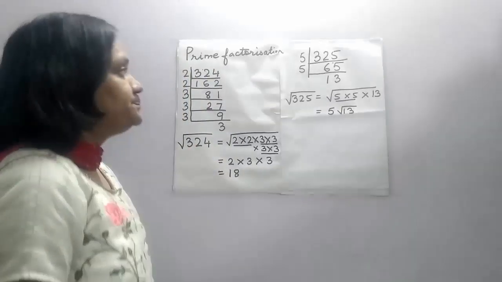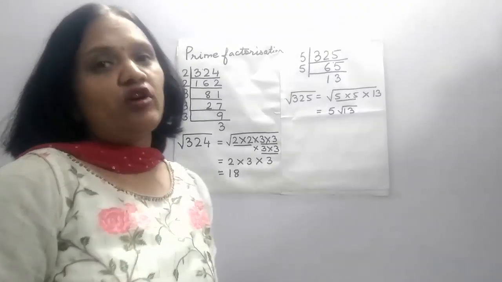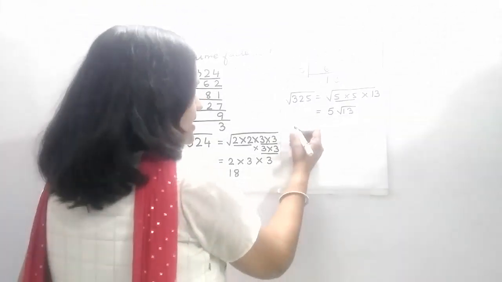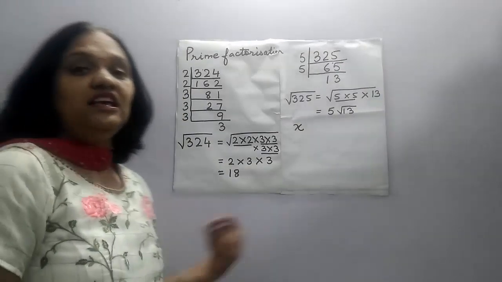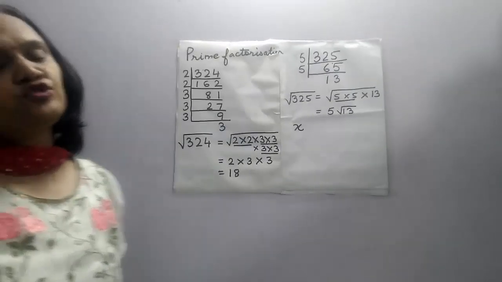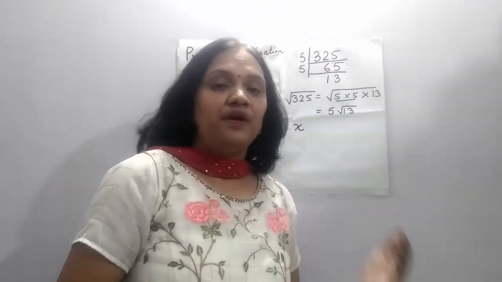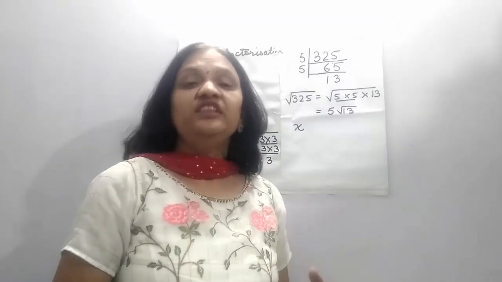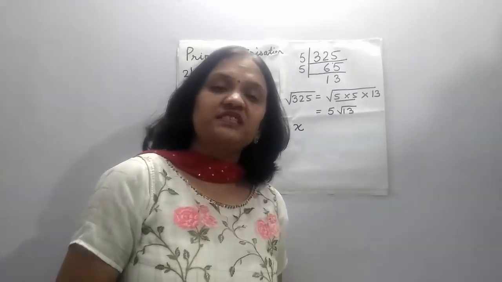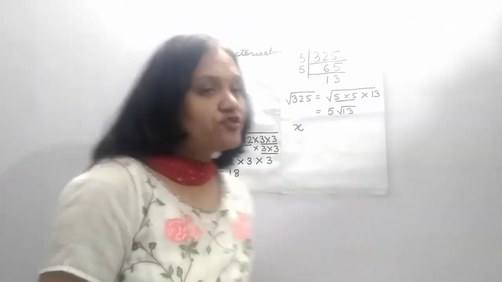Okay, now suppose in an auditorium there are x number of rows and equal number of columns. So total, how many number of seats will be there in the auditorium? In the auditorium, total number of seats will be number of rows into number of columns.